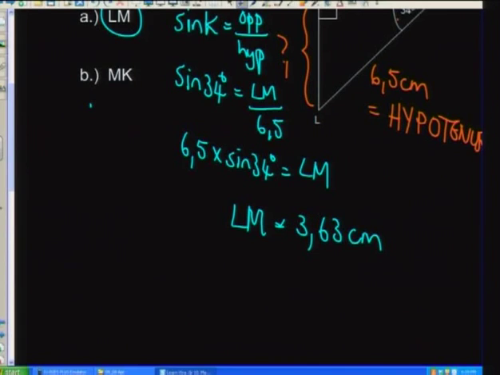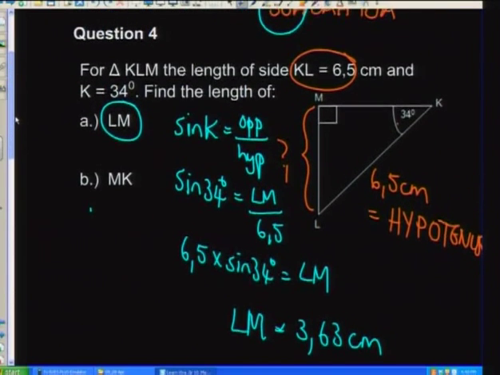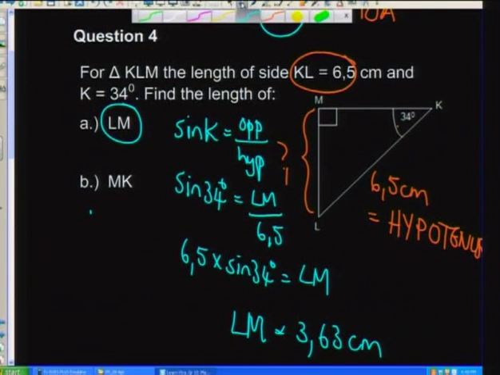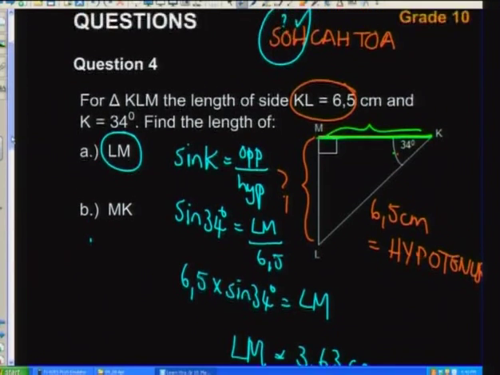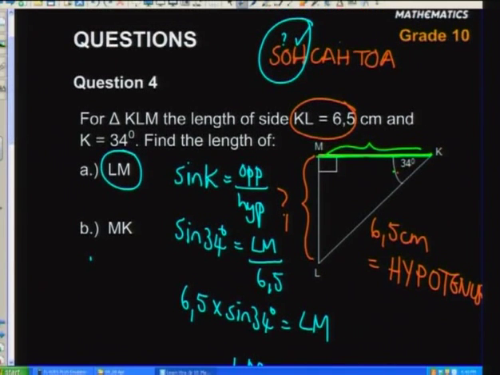Right, then MK. So if we go back to MK, let's work with green. There's MK. And as I've drawn it, can you see I'm drawing it next to 34 degrees? So it's the adjacent side to K. And what happens when we are working with the hypotenuse and we want to find the adjacent side?